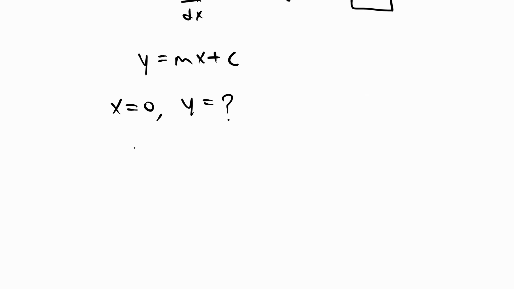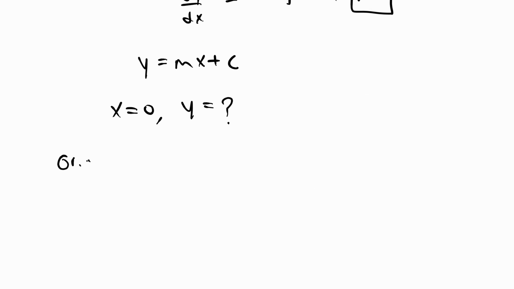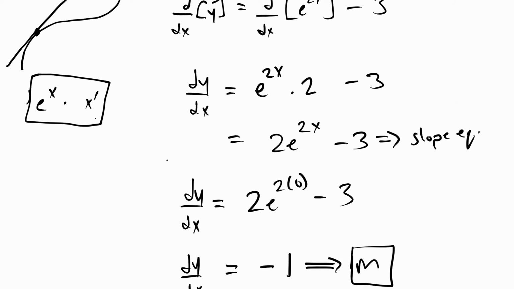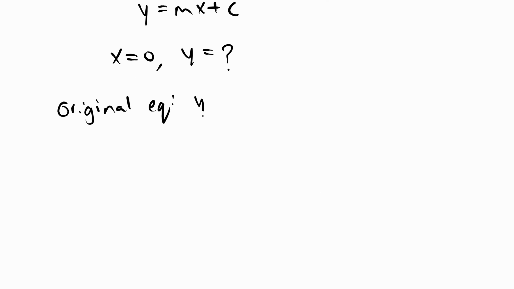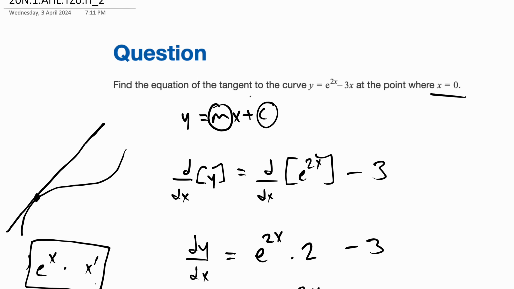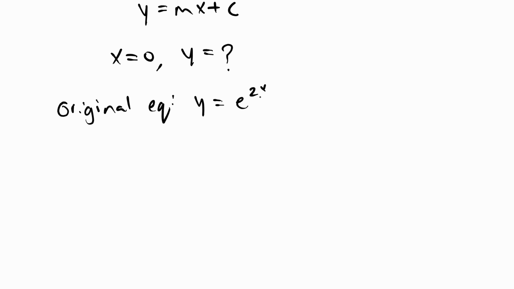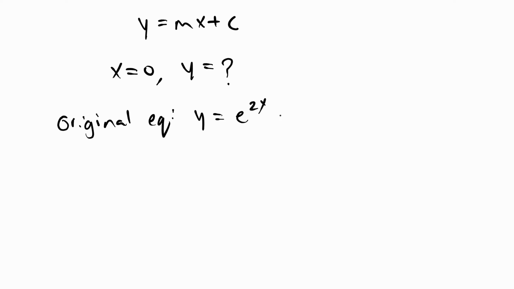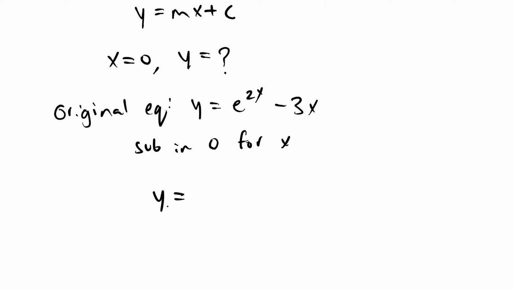The original equation is y is equal to e to the power of 2x minus 3x. So let's sub in 0 for x. When I input 0 for x, what is the output? That output is y at this particular point, which is what we want to find the tangent for.